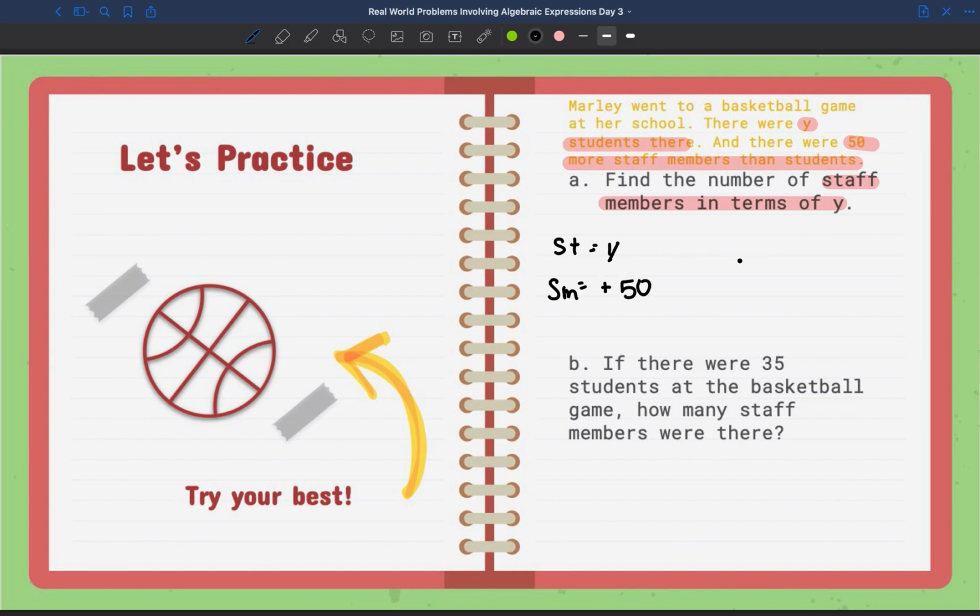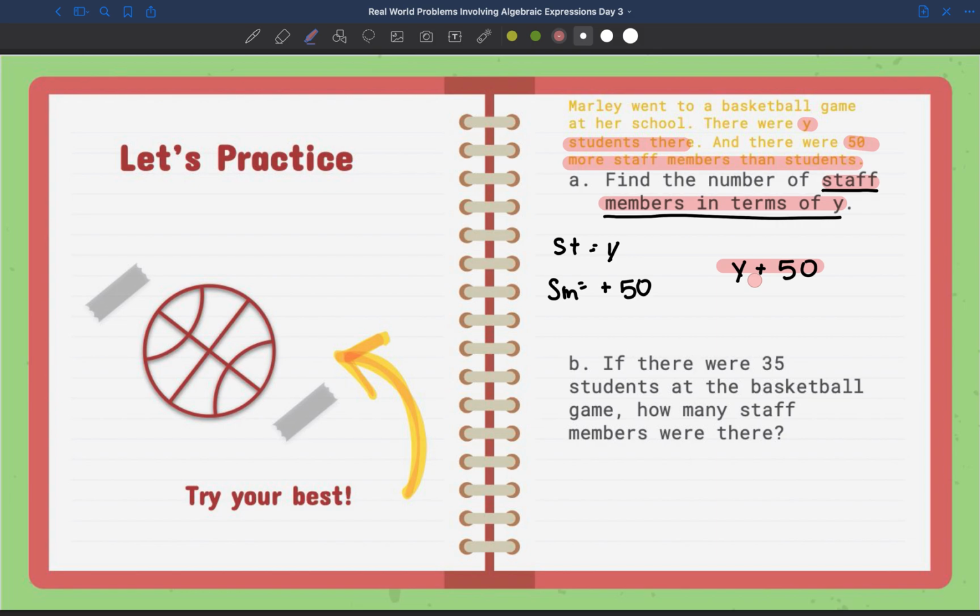We need to create an algebraic expression so we can find out in terms of staff members how many there were. So if we had y plus 50, this would be our answer for part A, our algebraic expression.